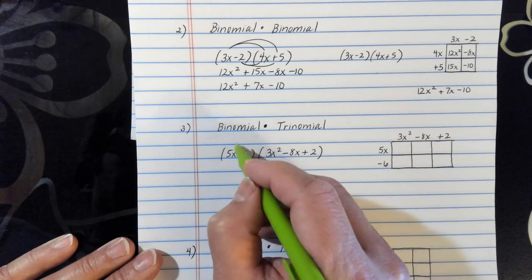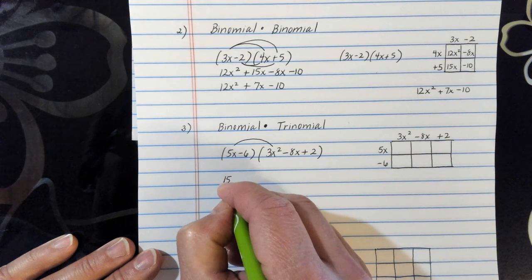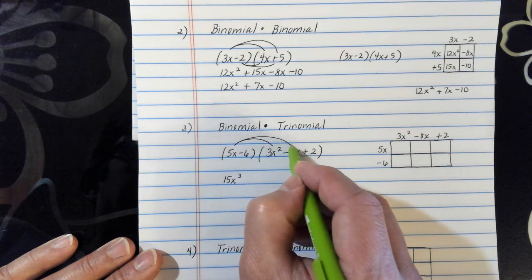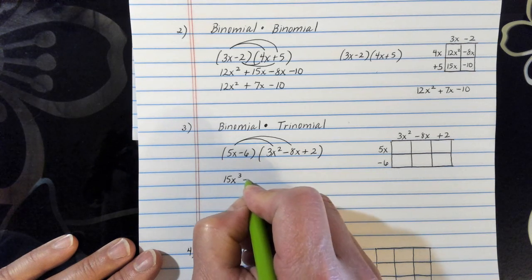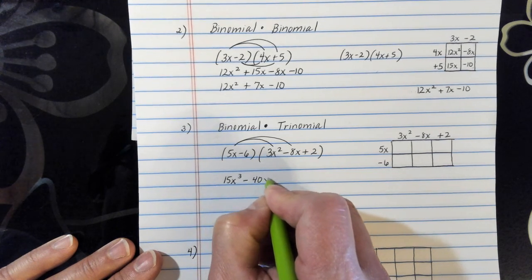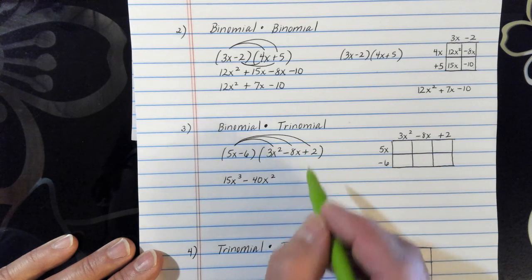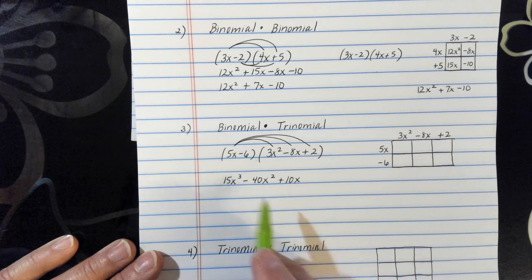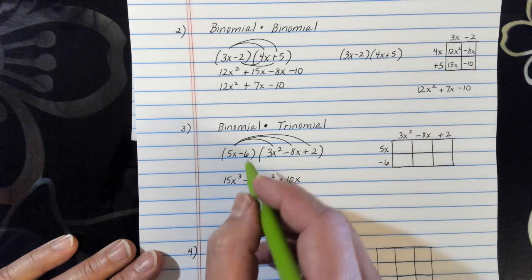Alright, so 5x times 3x squared is 15x cubed. 5x times negative 8x is negative 40x squared. 5x times 2 is positive 10x. Then you still have to multiply this negative 6 with each of those terms.